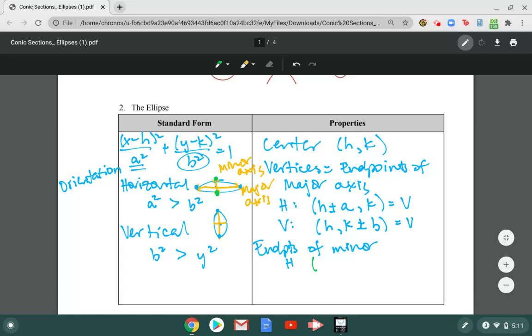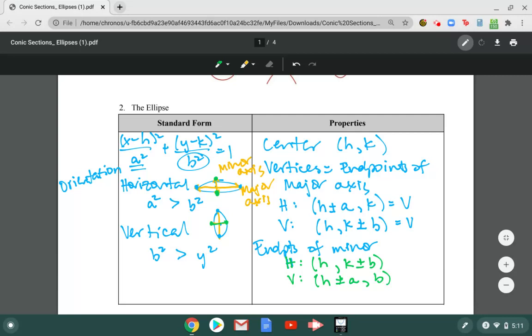So we're going to leave h, and then we're going to change k plus or minus b. If it's vertically oriented, and when I go through some examples, it's going to make more sense. If I'm vertically oriented, here it is, and I need to change in the x direction. So that's going to be h plus or minus a, comma k.